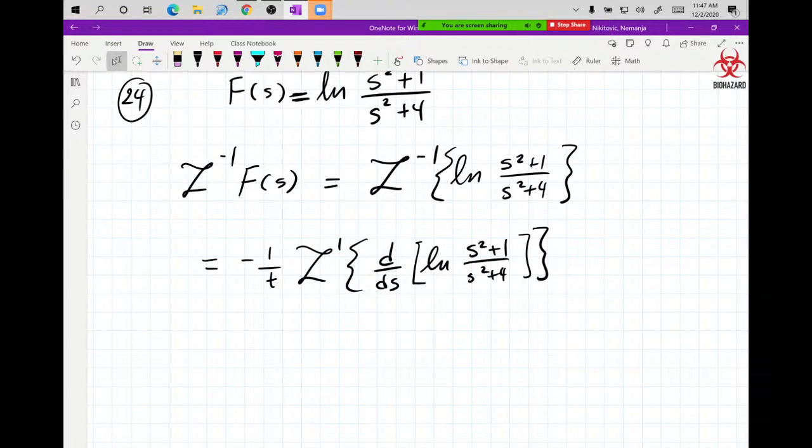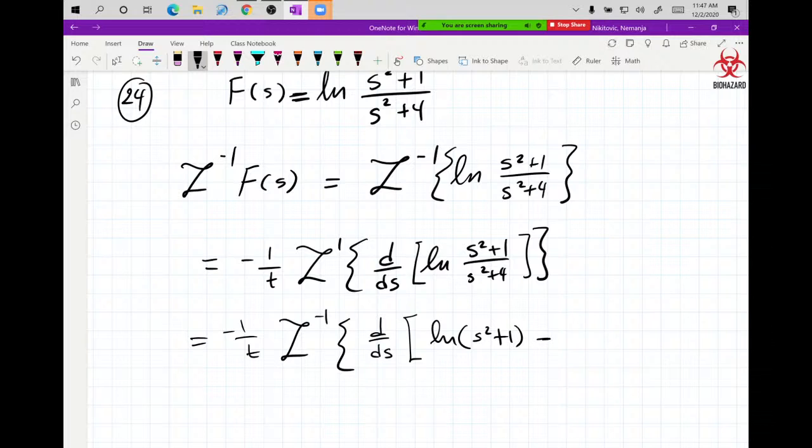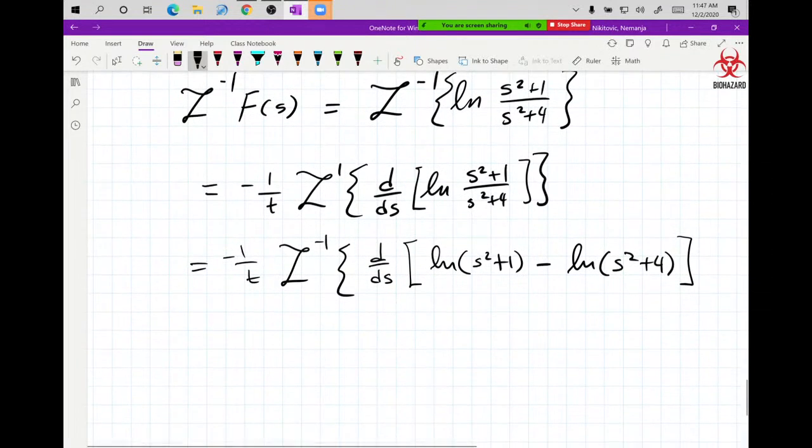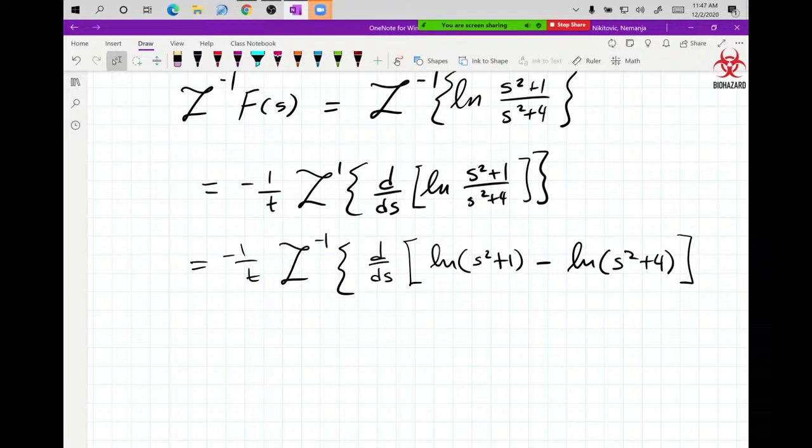Now, there is an easy way to take this derivative, and then there is the hard way to take this derivative. And that obviously depends on your knowledge of pre-calculus and logs and stuff like that. Because you can rewrite this as ln of (s squared plus 1) minus ln of (s squared plus 4). So this immediately kills the chain rule, the quotient rule and all of these kinds of things.